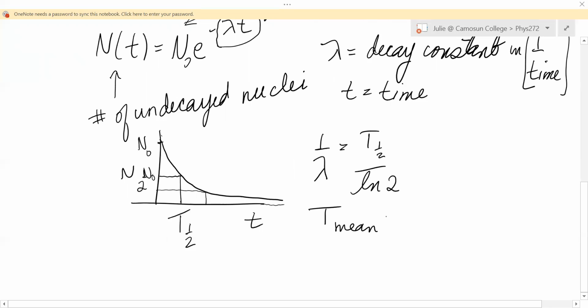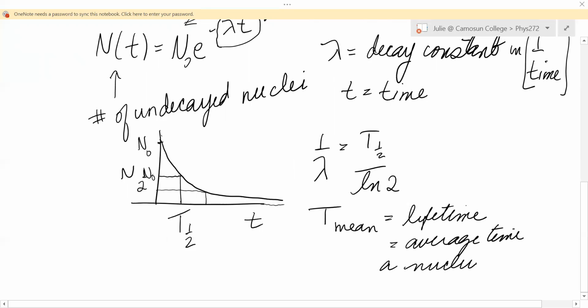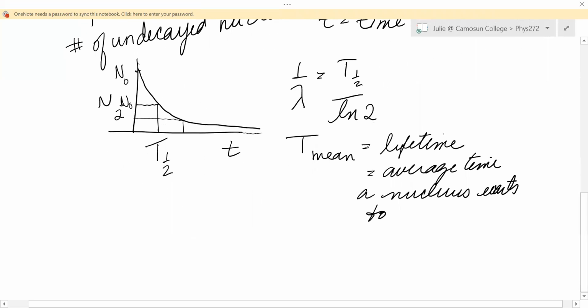And this is sometimes called the lifetime. It's the average time that any given nucleus will last before it decays. So this lifetime is the average time a nucleus waits to decay.